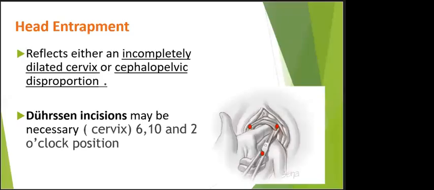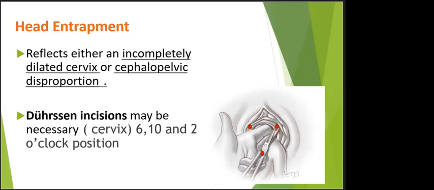What if the head is entrapped? You have delivered the body, you have delivered the shoulders, but then you cannot deliver the head. What are the instances that this happens? Probably the cervix is not fully dilated. All right, the bag of water was just bulging, but when the bag of water is ruptured, the cervix is not really fully dilated.